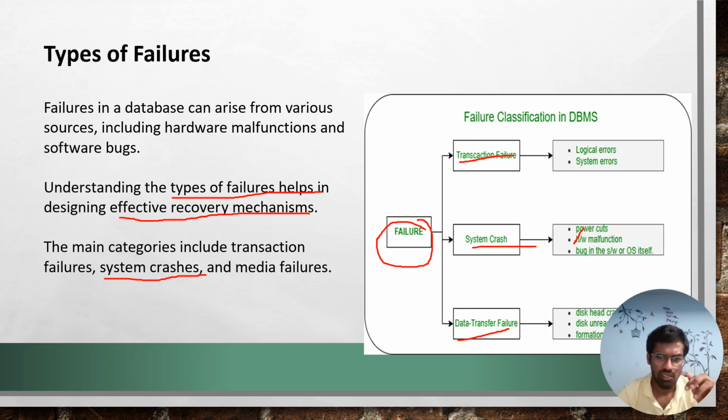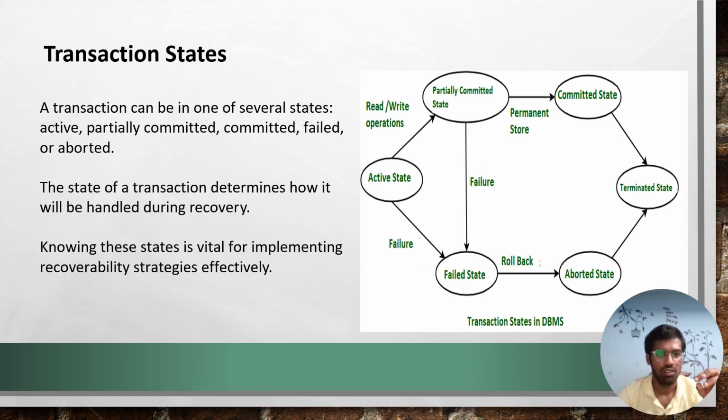After that, data transmission failure may lead to disk head collapse and disk unreadable information, or problems with magnetic tapes, which are problems in data transfer in secondary memory. After that, transactions can be in several states: active, partially committed, failed, and aborted. We discussed this already in the first case.